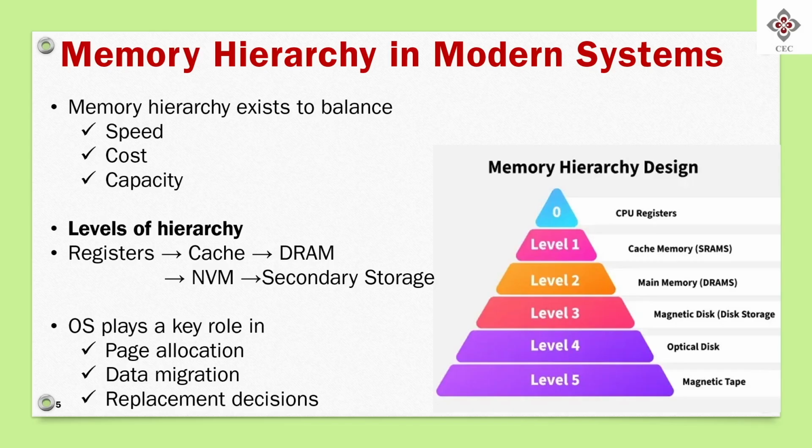The next level is the optical disk, which has much higher capacity. Then we can have a magnetic tape, which has even more memory capacity. The pyramid shows that at the top level we have less capacity but accessing speed is high, whereas at the bottom level we have a huge capacity of memory but accessing speed is very low. This is the memory hierarchy design, we all know this.